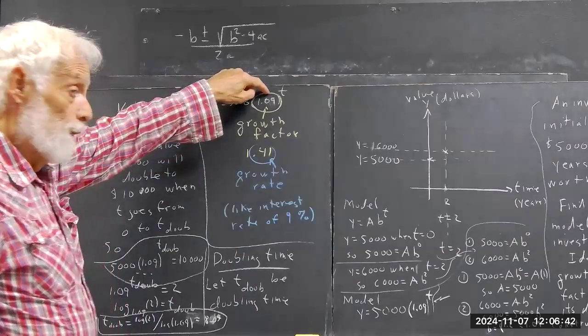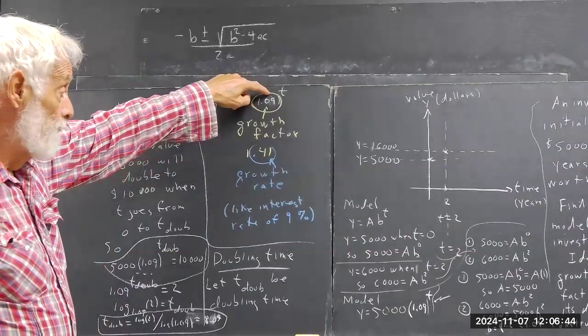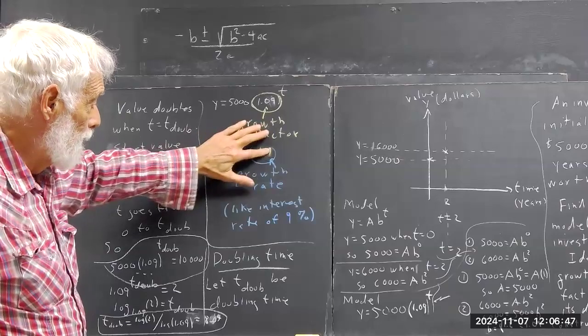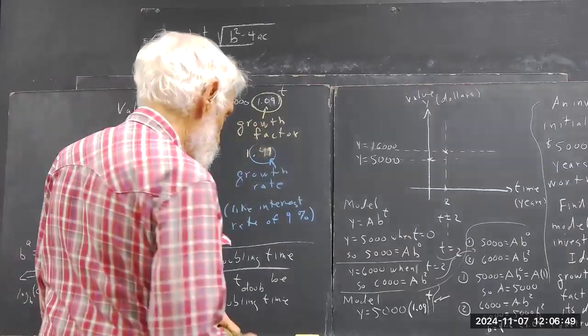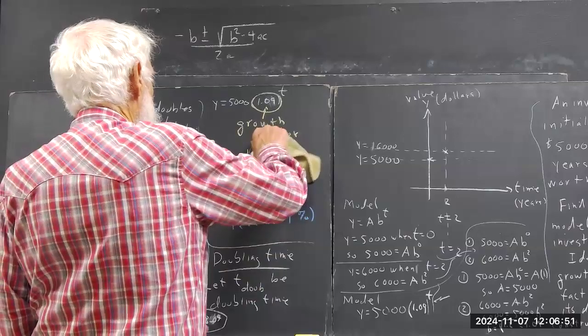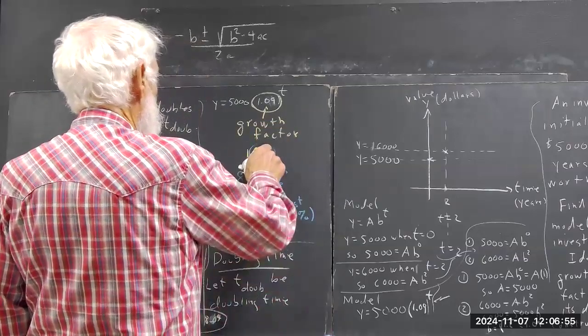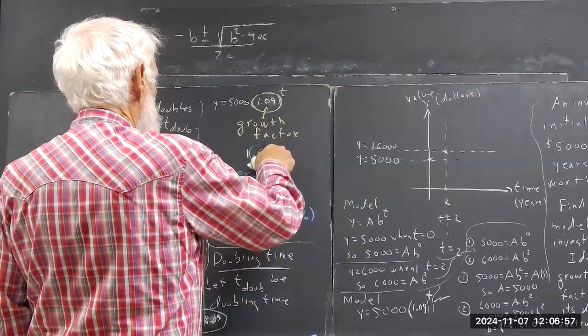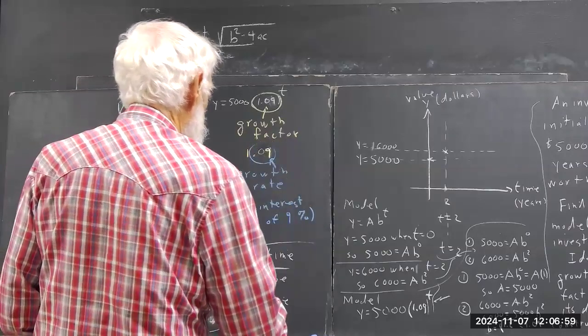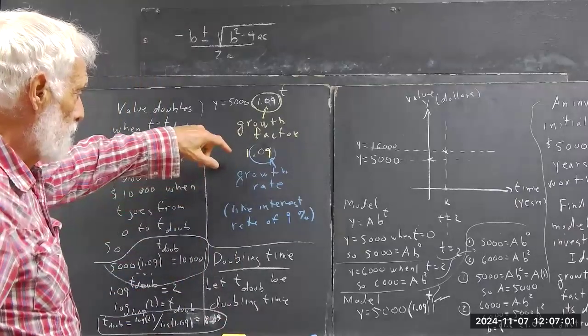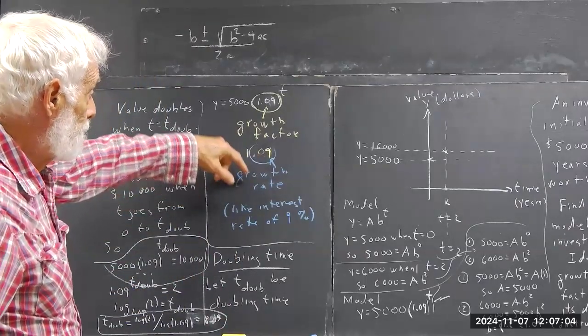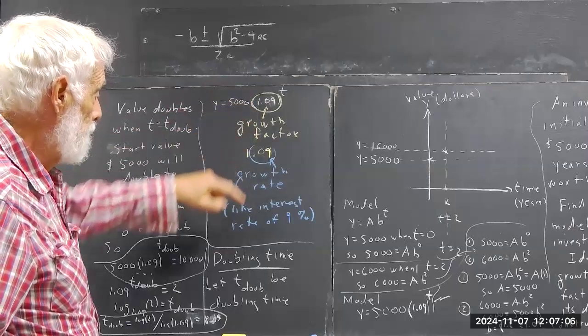Then you identify the growth factor and the growth rate, and I still don't have that. How do you modify these things? In this case, the growth rate would be 0.09. Growth factor is 1.09.